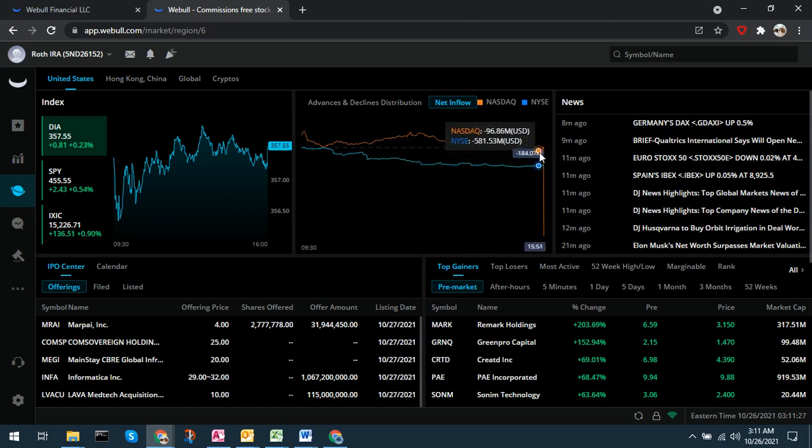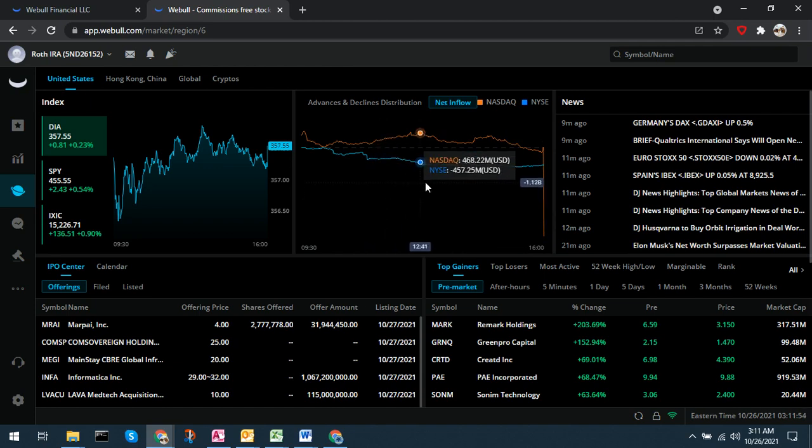And you can see at the end of this day, which happens to be October 26th, we see a large outflow at the very end of the day. It's not uncommon at the very end of the day. You often see a spike up or down. The market makers, what I hear, are rebalancing their books, and a lot of times we see these large inflows or outflows at the very end of the day.